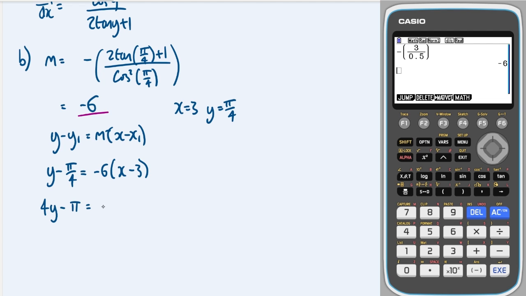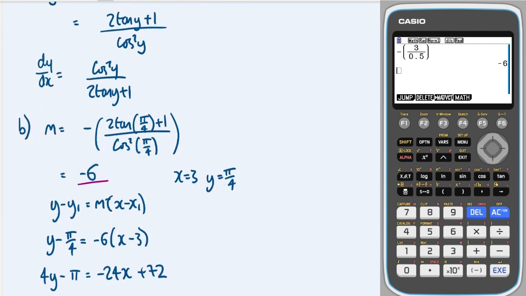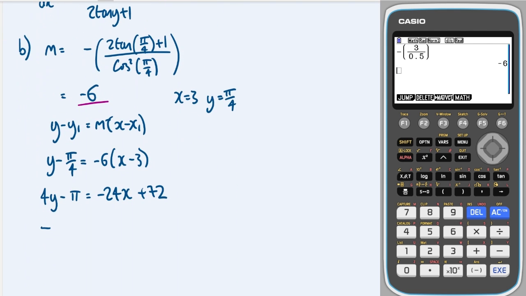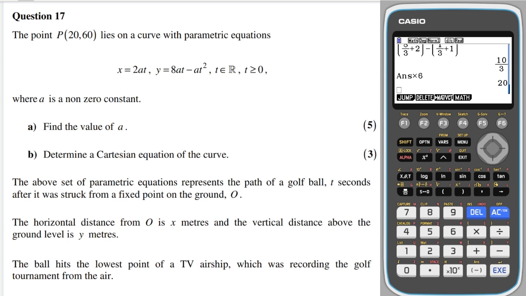To get this minus 24x. And that's going to give me positive 18 times by 4 is positive 72. Just quick check how they want it. The x and the y is on the same side, the constant on the other. So 4y plus 24x is equal to 72 plus pi. Job done. Happy days.